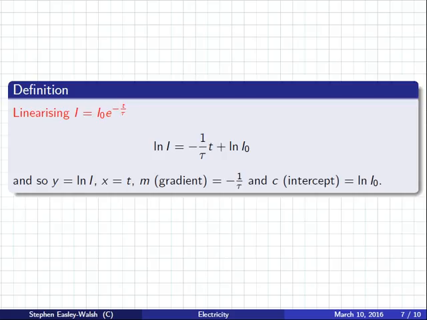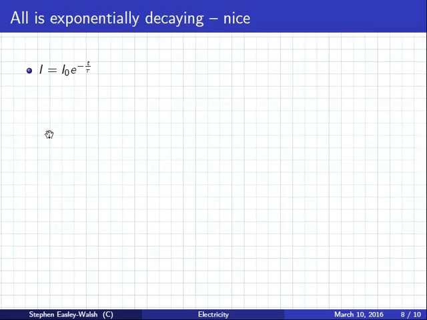Basically, this is the end of the proof. I think you have this already in your proof. What's really nice is that this formula is the same for the current and the voltage. The current exponentially decreases, and so we have this formula.